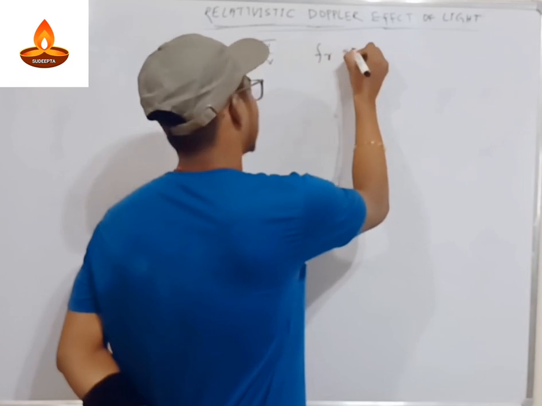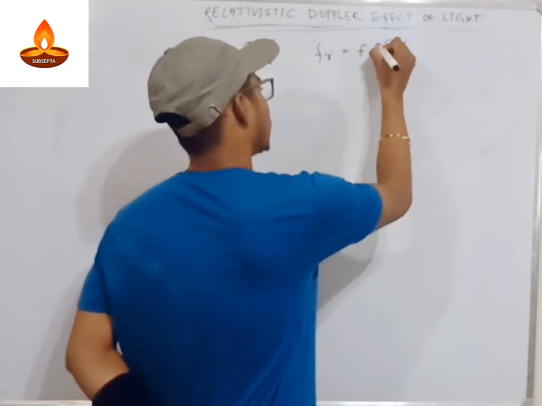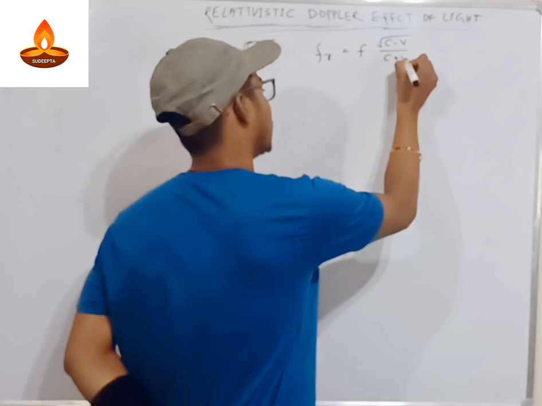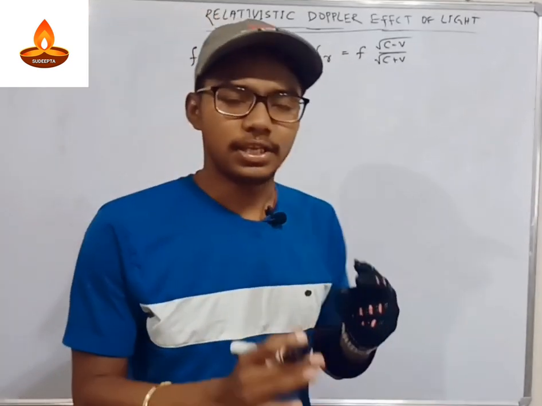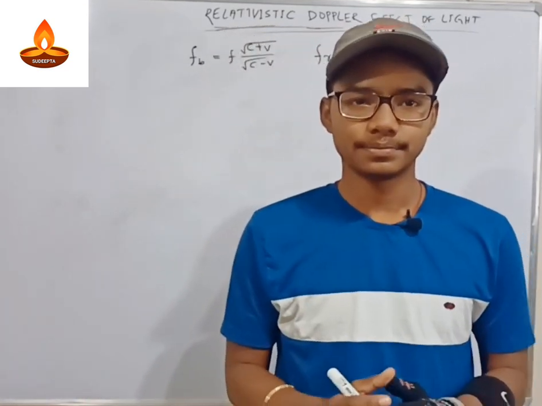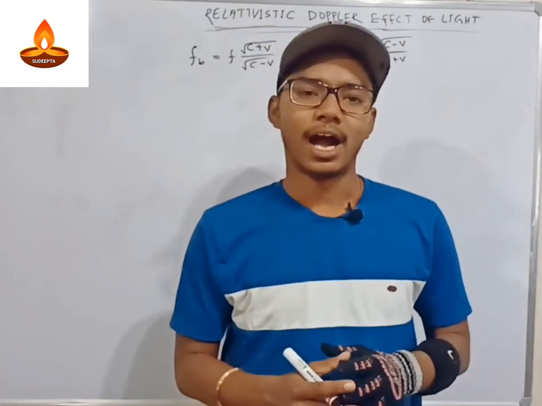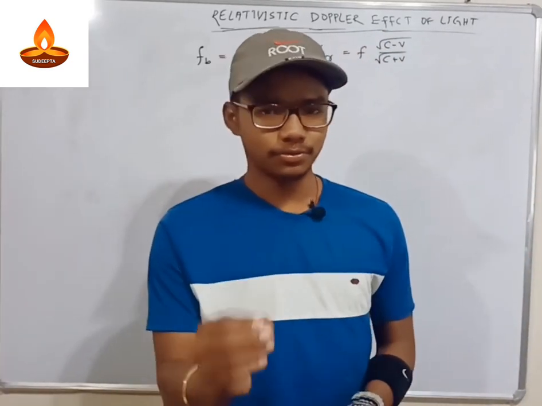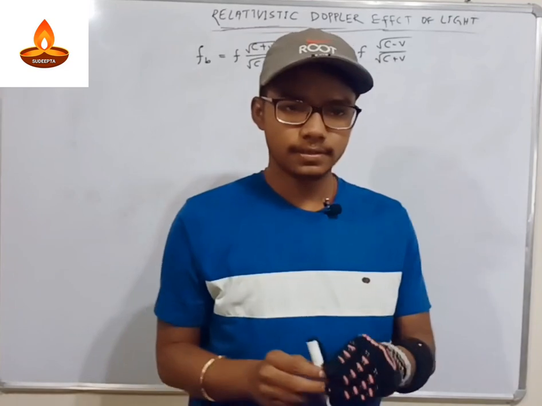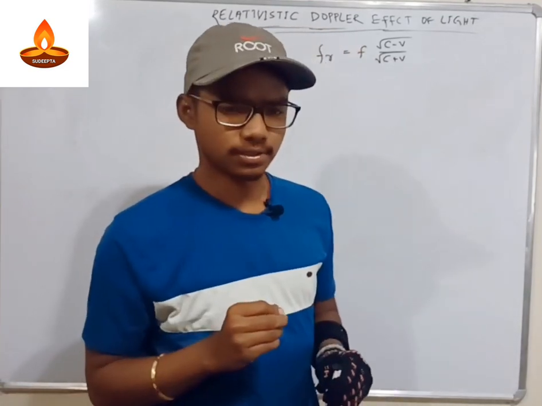For red shift, I use f times the square root of (c minus v) over (c plus v). In these two equations I used E equals mc squared. In today's video, I will derive them.